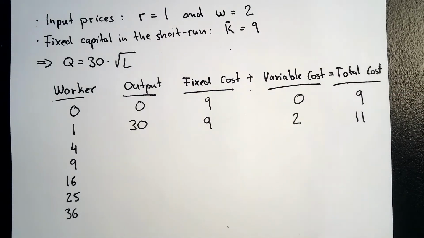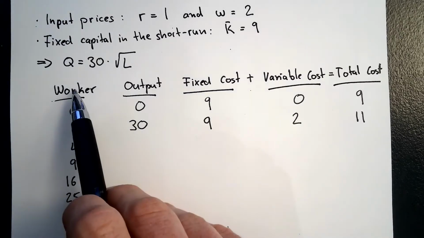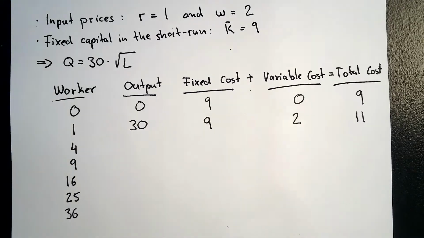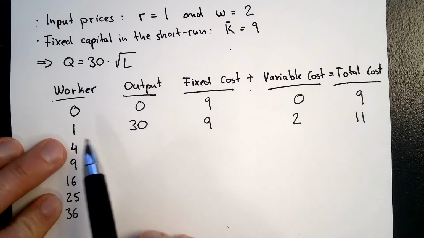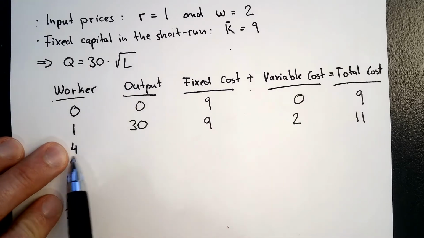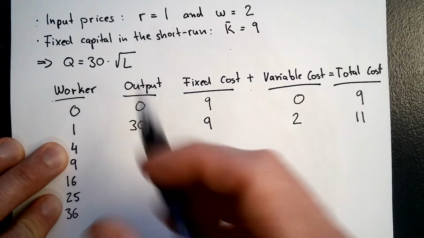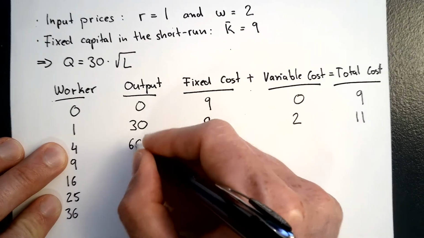For the remaining levels of workers, we can easily calculate the output. If we have 4 workers, we take the square root of 4, which is 2, so the output is 60.